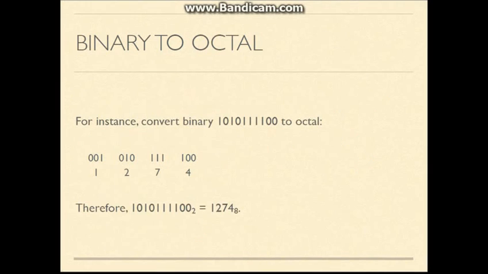Let's move on to the opposite algorithm, which is binary to octal. It is basically the same thing. It's just that you divide each group into 3 and take each part and convert it into octal.